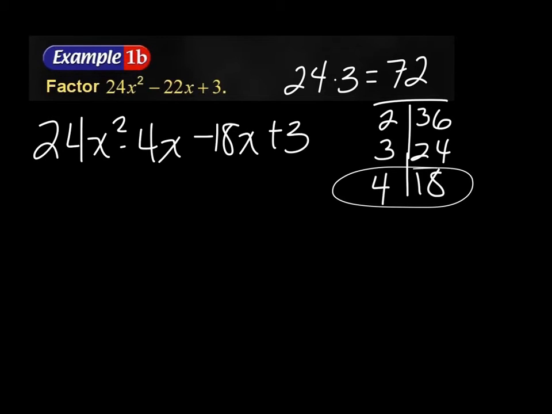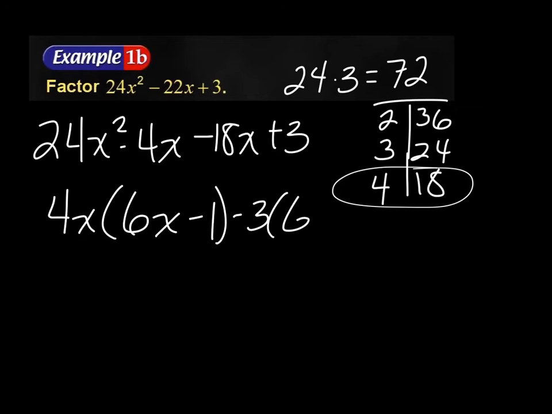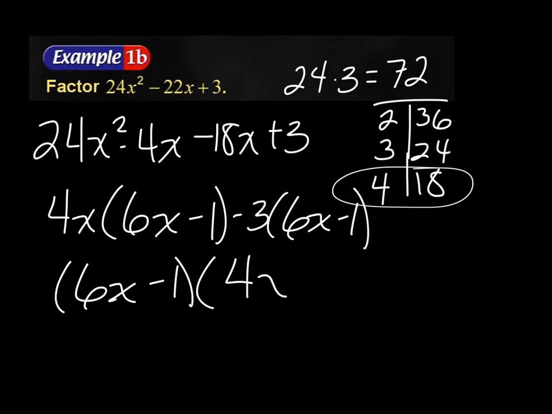The greatest common factor of my first two terms is 4x, and when I divide that out, I'm going to have 6x minus 1. For my next two terms, I could take out 3, but I'm going to take out negative 3 because I want to get 6x minus 1 there also. So if I take out the 6x minus 1, what I find I have left is 4x minus 3.